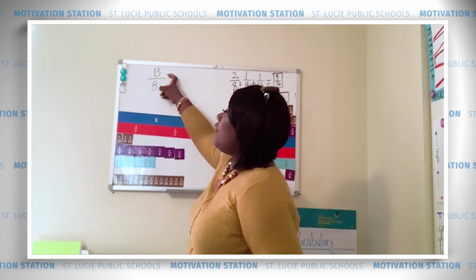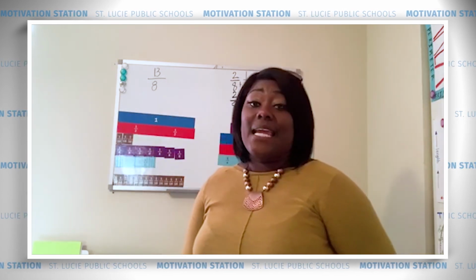Then we have to think about, well, how many eighths do I need to make up one whole? I only need 8/8. If we are referring to 13/8, I have more than what I need to make up a whole using eighths. I only need 8. I have 13. I only need 8/8, but in that fraction, I have 13/8.